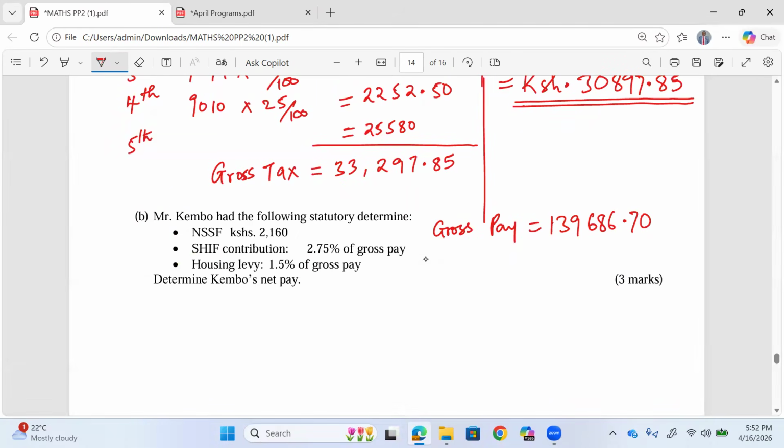Anyway, you can say that the other deductions that are paid by Mr. Campbell include NSSF, which is 2160. Other deductions include the shift contribution. So we talk about 139,686 and 2/3 of a shilling times 2.75%.